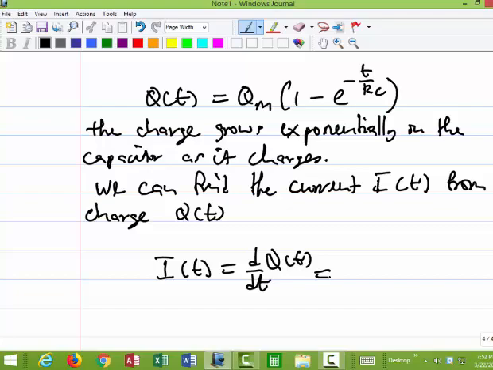What is the derivative of Q of t? Anyone?